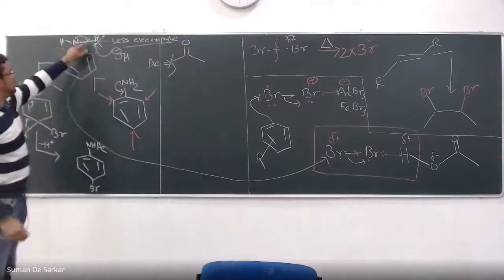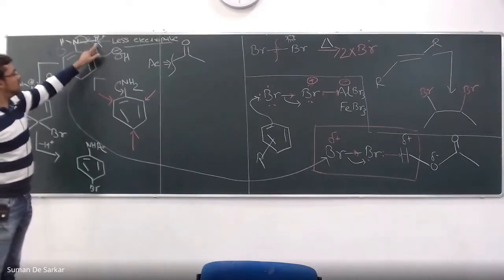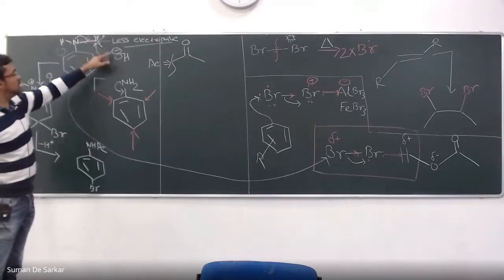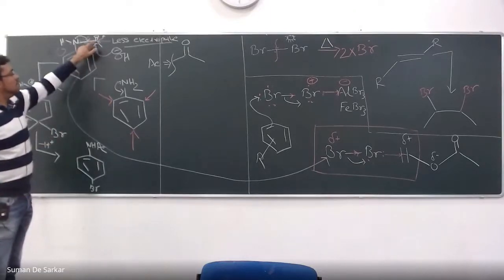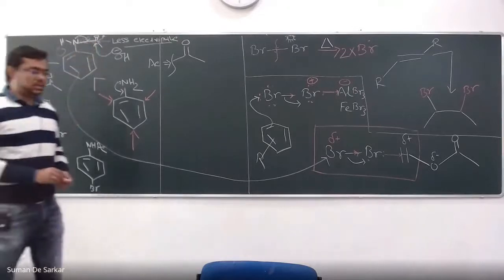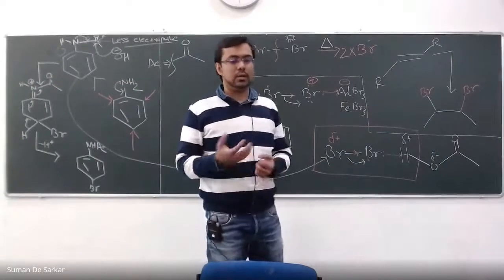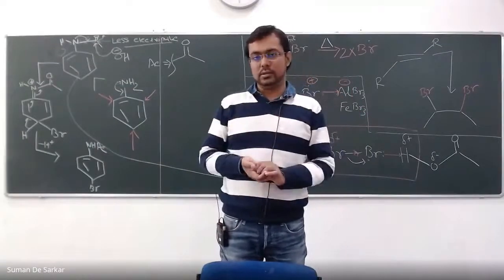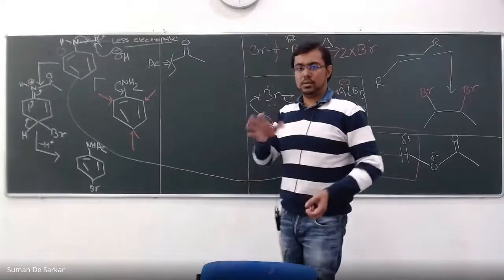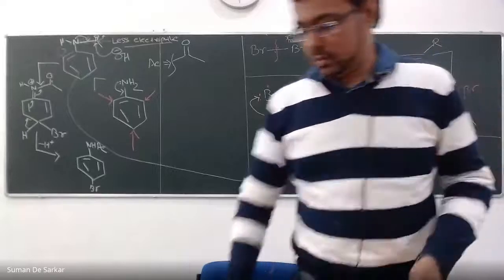That's why the attack is also less. If it's less electrophilic, OH will be reluctant to add here. So compared to ester, amide hydrolysis is more difficult. Of course, you can do that, but you really need to put KOH or LiOH and boil it. Then you will reach it, but at room temperature, and especially using acid, it's not that facile.